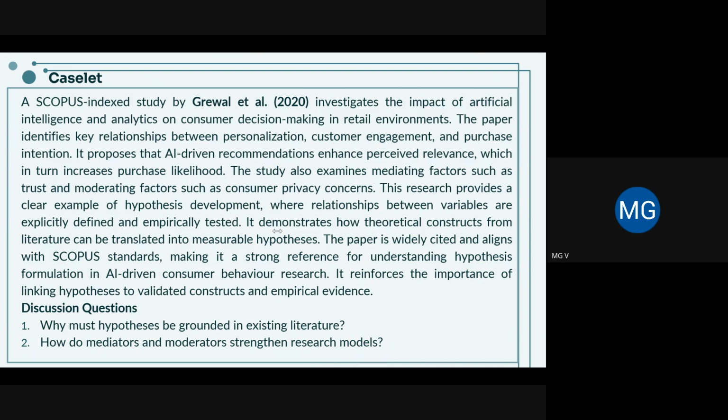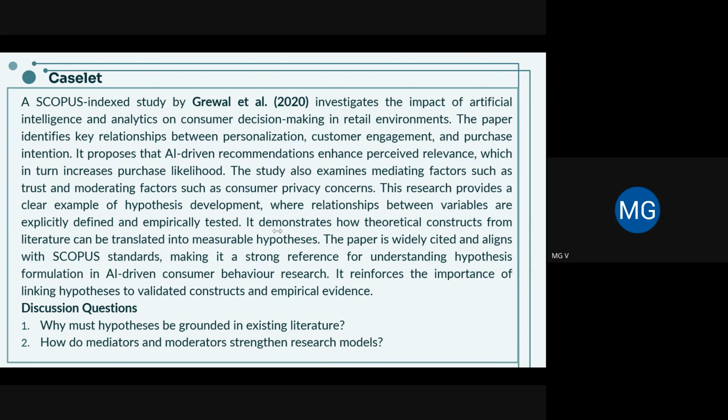The paper identifies key relationships between personalization, customer engagement, and purchase intention. It proposes that AI-driven recommendations enhance perceived relevance, which in turn increases purchase likelihood. The study also examines mediating factors such as trust and moderating factors such as consumer privacy concerns.